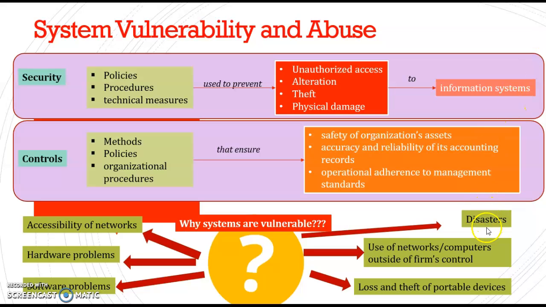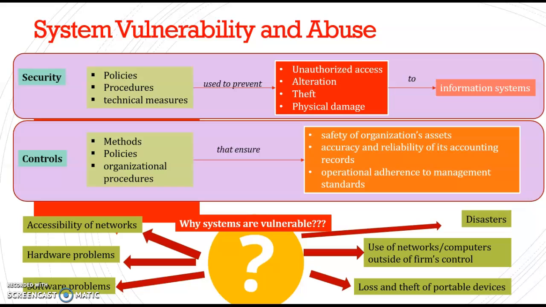Then disaster, where something happens to the organization, maybe a flood or a fire. Then use of networks or computers outside of the firm's control. You may use them for social media, not for the job task but for your personal things.